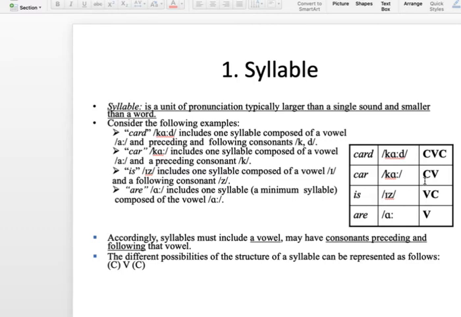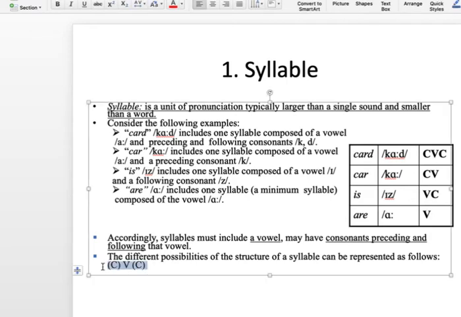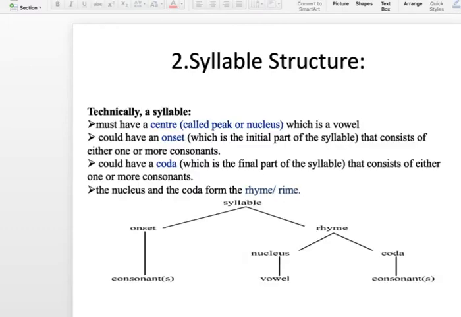V. Even if it is CV, VC, or V, V remains at the center. And it is very much evident from this: within brackets, there are both the C's on the left and right hand side, and V, you can see, is in the center.